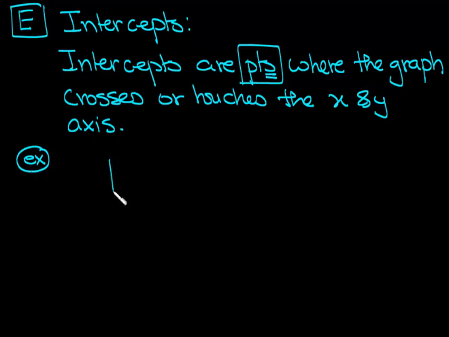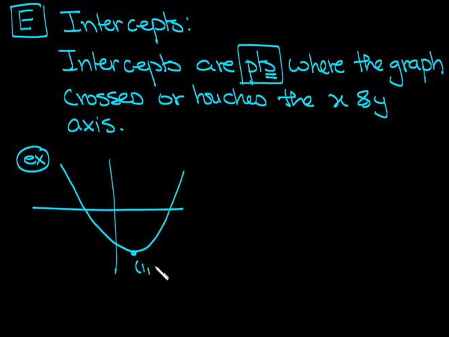Okay, so let's say if I have a graph like this. So let's say this point here is 1 and -3. So this is 1, 2. At this point here is 3 and 0. And this point here is -2 and 0.